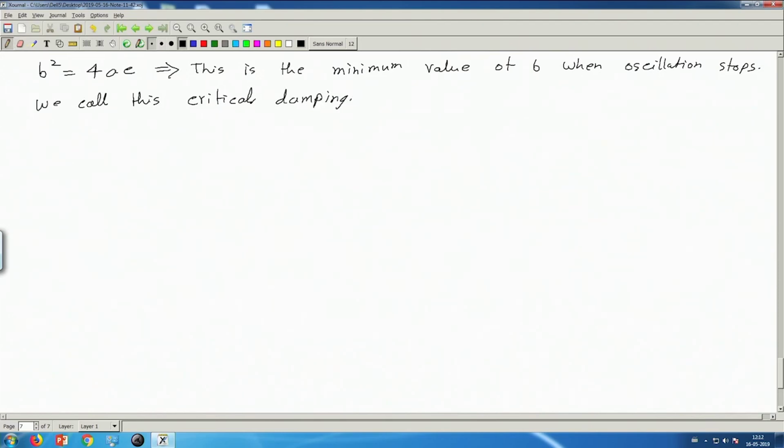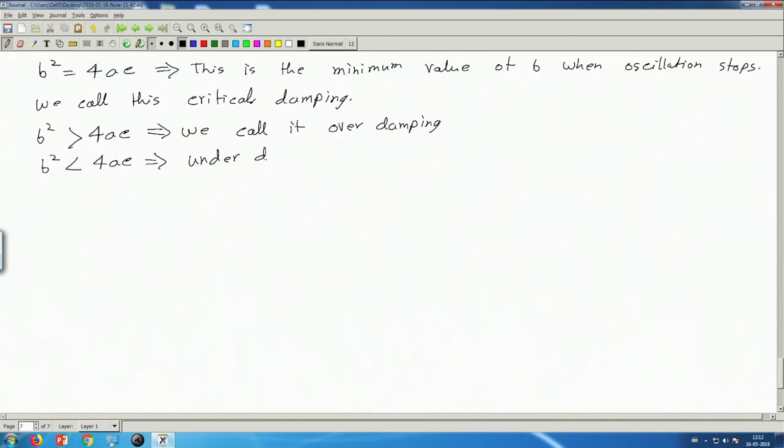So B square equal to 4AC is the condition for critical damping. For B square greater than 4AC, still we will have no oscillation. This we call over damping. And if B square is less than 4AC, this is under damping, because we will have oscillation.